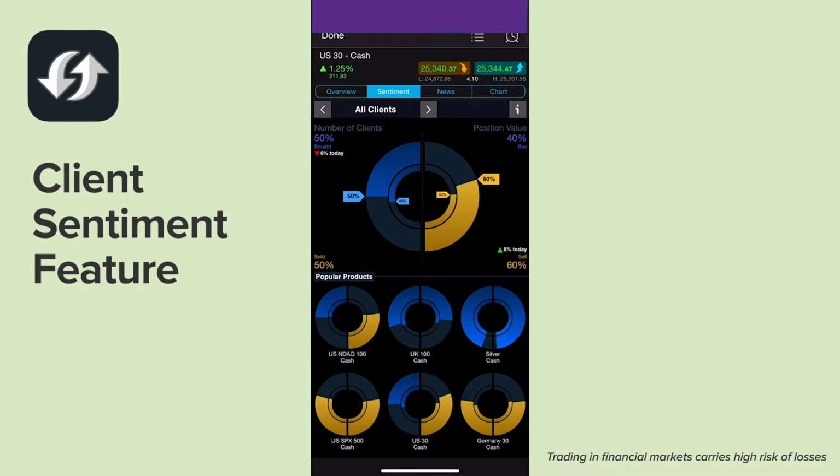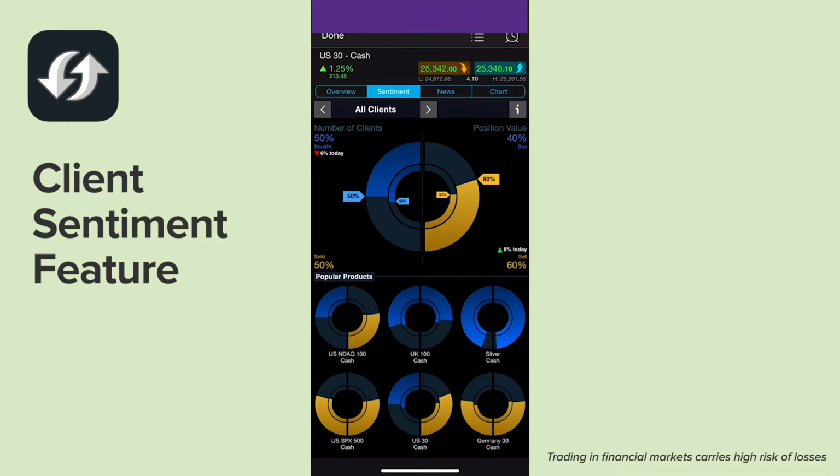The figure right here is within the last 60 seconds. Client sentiment at CMC Markets updates every minute, and during this session you may see this tick up or down depending on how much client activity there is.